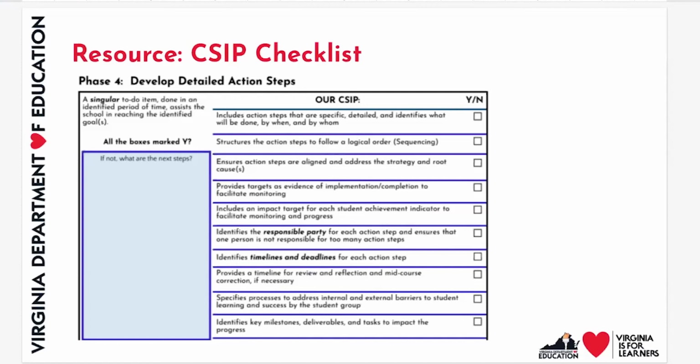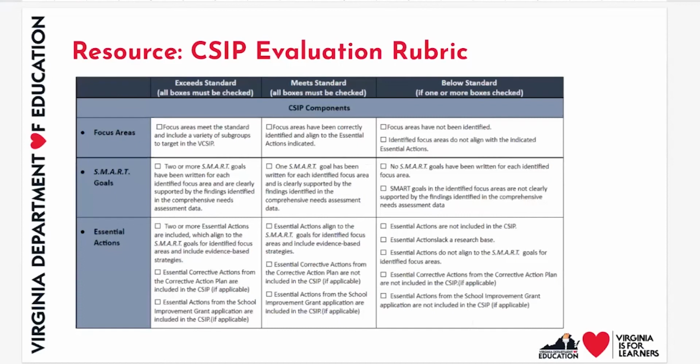And then the last resource that we'll share with you is also an evaluation rubric. And again, we're not evaluating your CSIP, right? We're going to review them with you and provide some feedback, but it's not an evaluation. Okay, but this rubric would be a great self-assessment tool, right? So you might pull together your CSIP team and look at that CSIP and talk about, do we meet or exceed standards for each one of these areas, right?